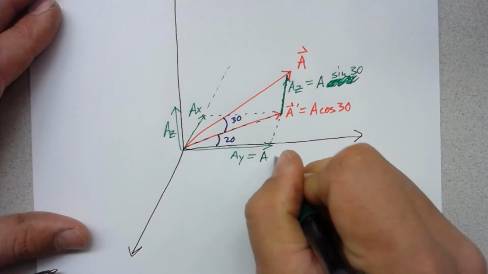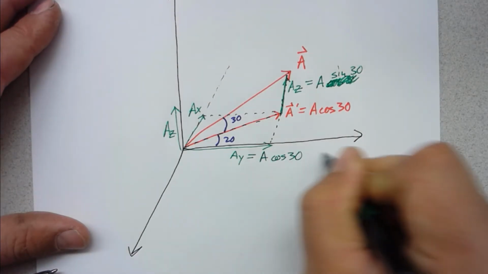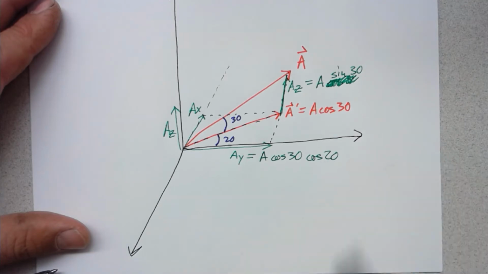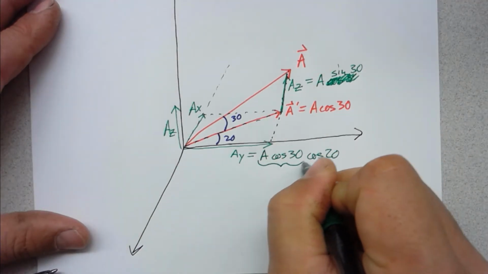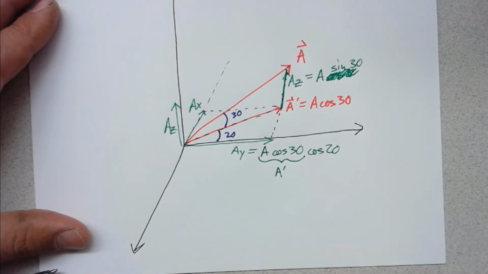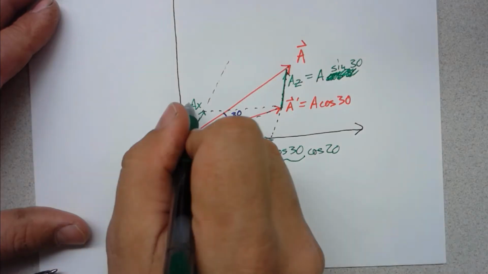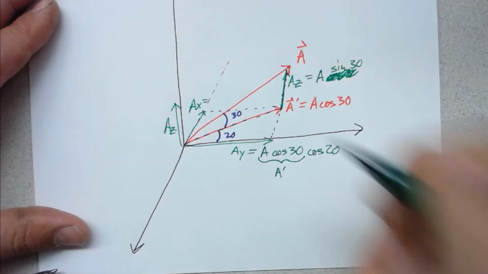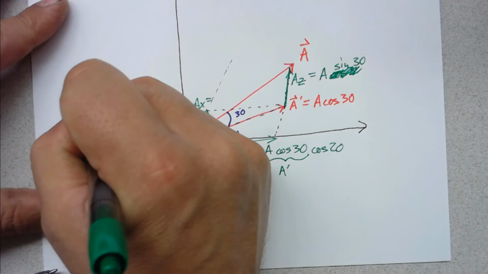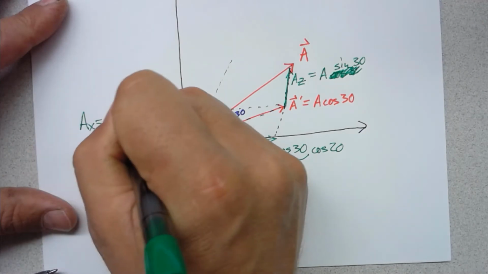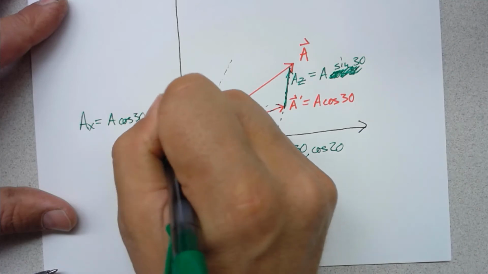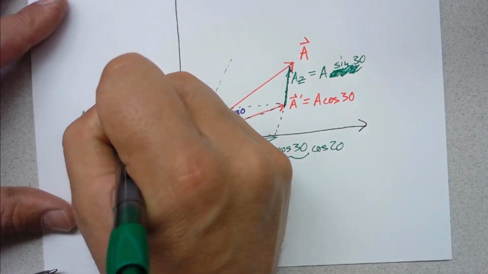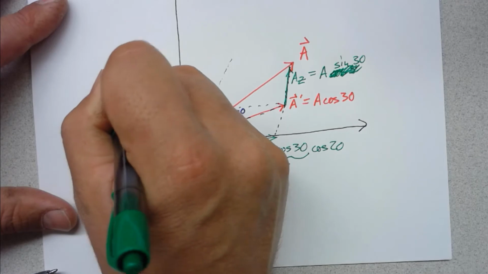A cosine 30 cosine 20. Right? Because this here is just giving me A prime. A sub x, I'm going to do it over here. A sub x is going to be A cosine 30 sine 20. And again, this is just A prime.